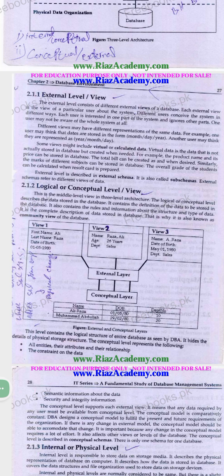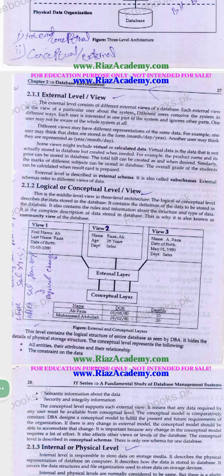It represents the entire logical structure of data. If we take the bank example, there are tables of customers, accounts and transactions, different tables, and their attributes, and the relationships between these tables.